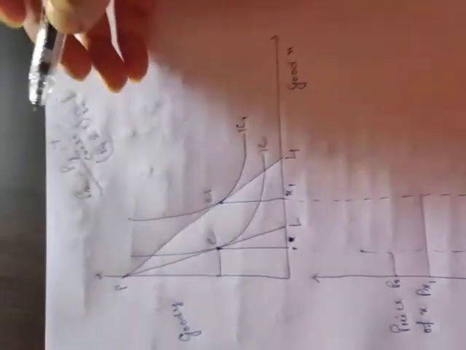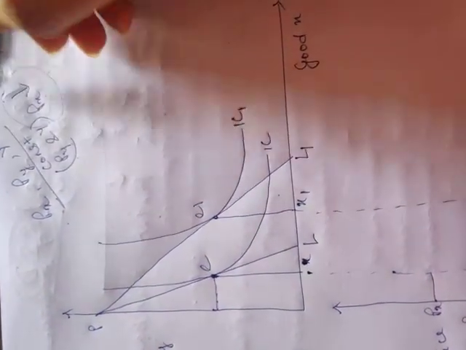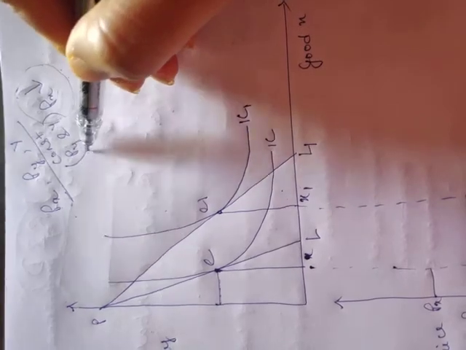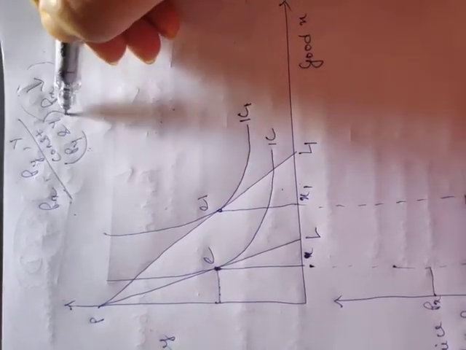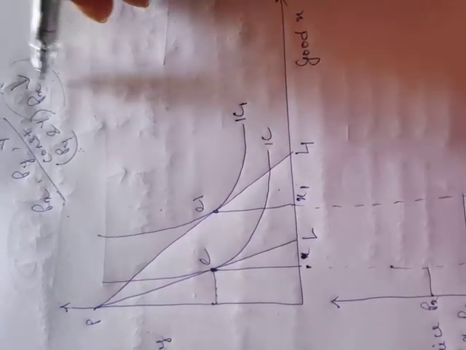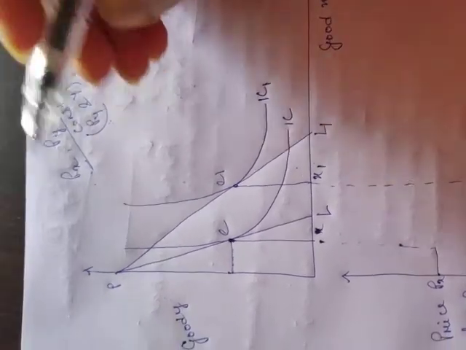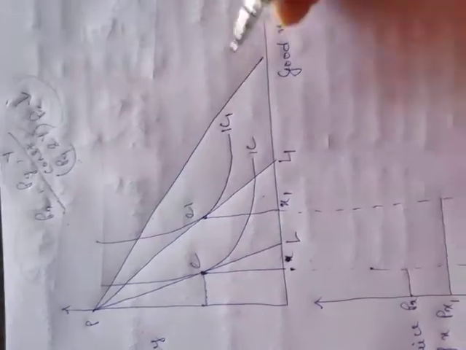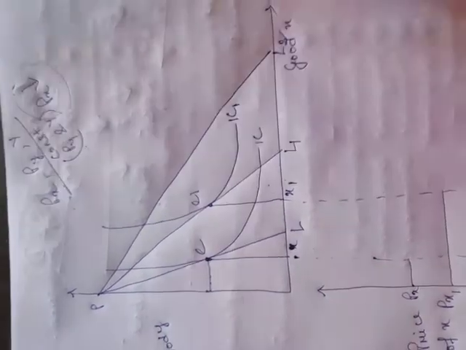ঠিক আছে. Now again suppose the same situation happened, that is if again price of Y and income have remained constant and price of X has decreased further, then again your budget line will rotate like this from PL1 to PL2.